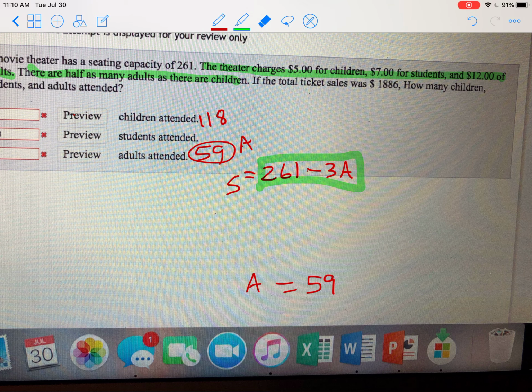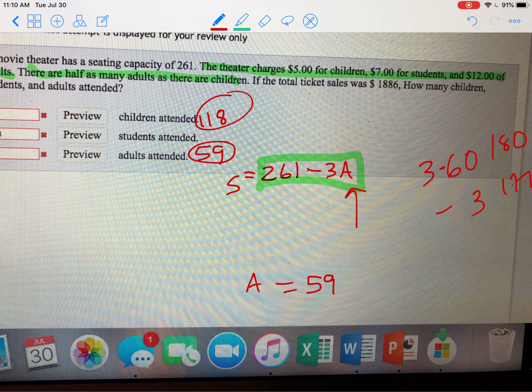All right. And then the last bit is how many students. And we go ahead and plug in 59 for A in there. And that's 3 times 59. That's like 3 times 60, and then you subtract 3, right? So 3 times 60 is 180. And then subtract 3, that's 177.